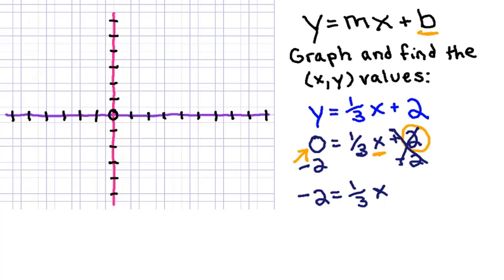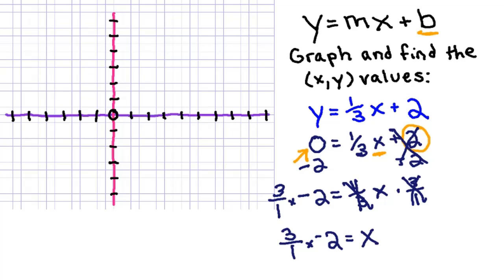Now we have to get rid of this 1/3, and we can do that by multiplying both sides by 3 over 1. So the 1/3 and the 3 over 1 cancel each other out. Now we have 3 over 1 times negative 2 equals x.